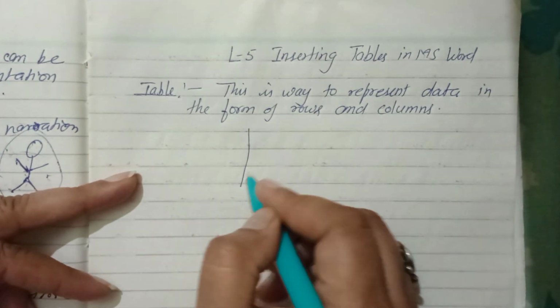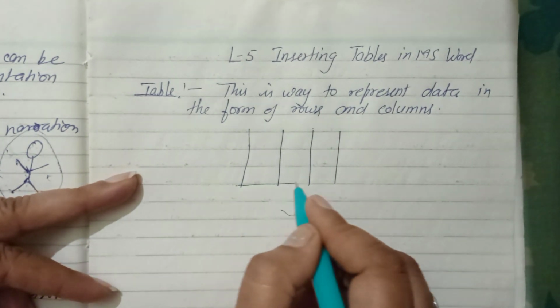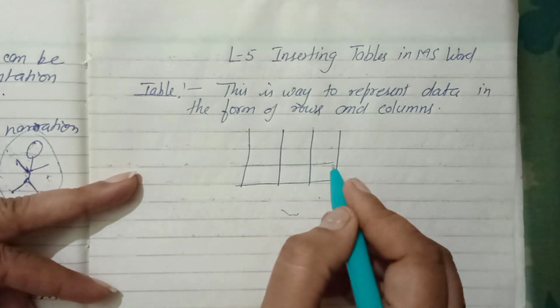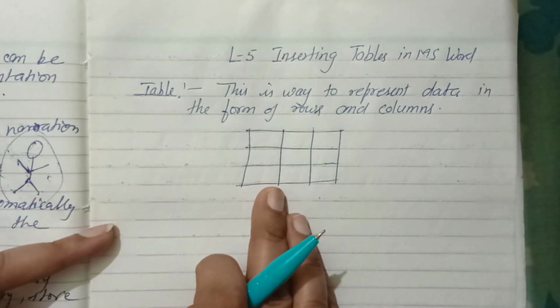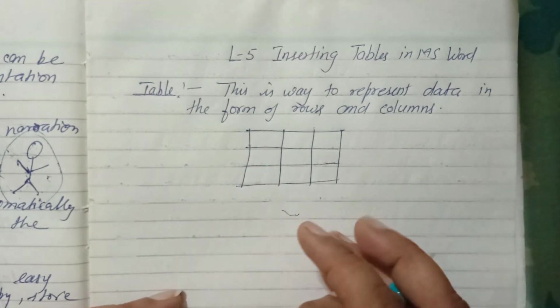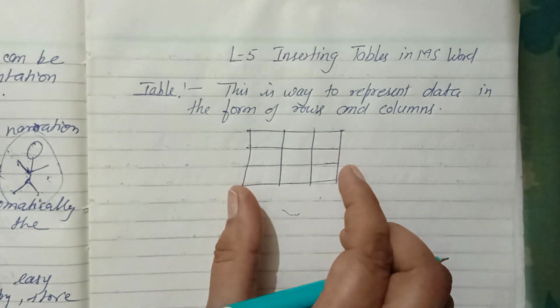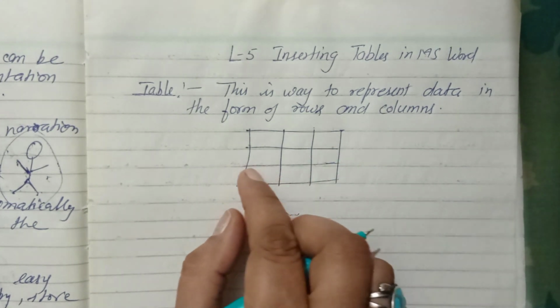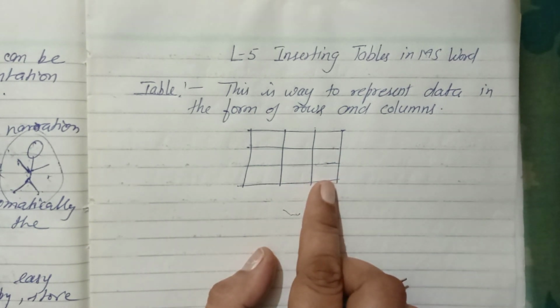Means when we represent data in this form, like this, it is called a table, right? This is the table. In this form we can organize and analyze the data. मीन्स अच्छे से हम डेटा को ऑर्गेनाइज कर सकते हैं, उसको एनालाइज कर सकते हैं.